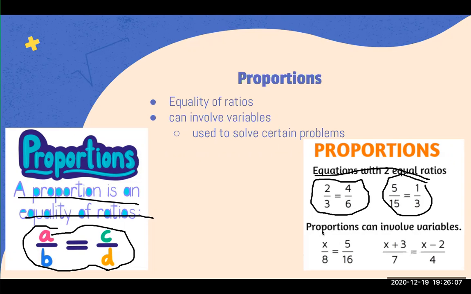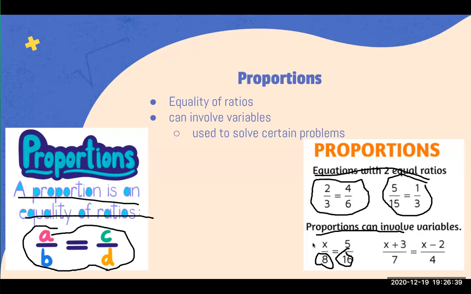Proportions can involve variables. So this is x over 8 equals 5 over 16. How do we solve this? Since this is a really simple problem, we can just solve it using common sense. There's an 8 over here and a 16 over here. I'm pretty sure most of you know equivalent fractions, because those are taught in 3rd or 4th grade.